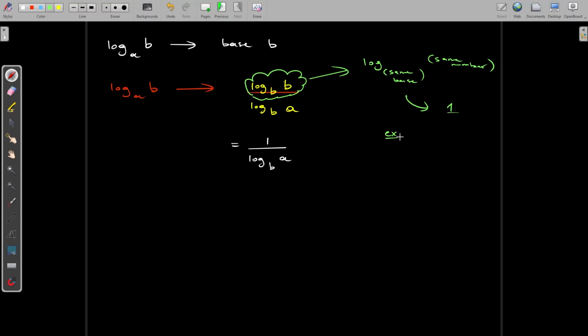So for example, log base 2 of 2 is 1. Log base 7 of 7 is 1. So we just need to be able to recognize this wherever we see it, along with the other laws that govern logs.